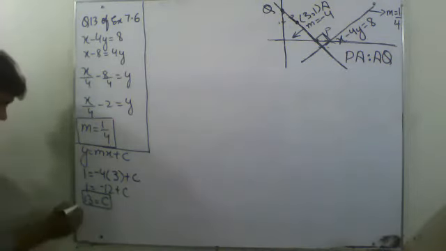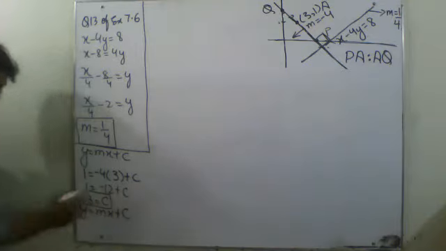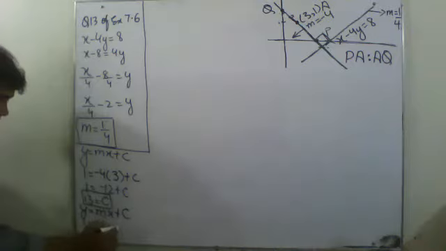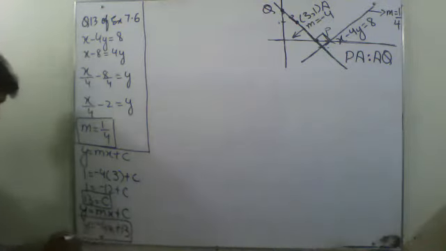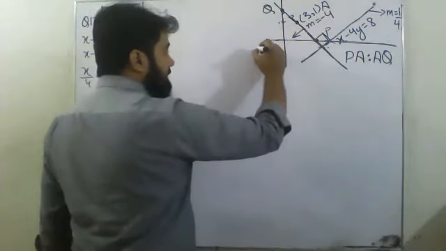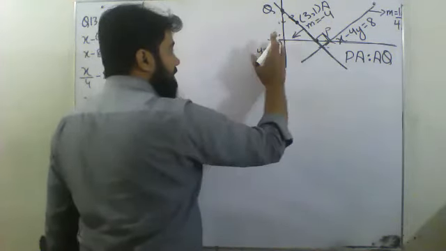The equation of the line will be y equals mx plus c. Plugging in my values, y equals minus 4x plus 13. That is going to be the equation of this line.